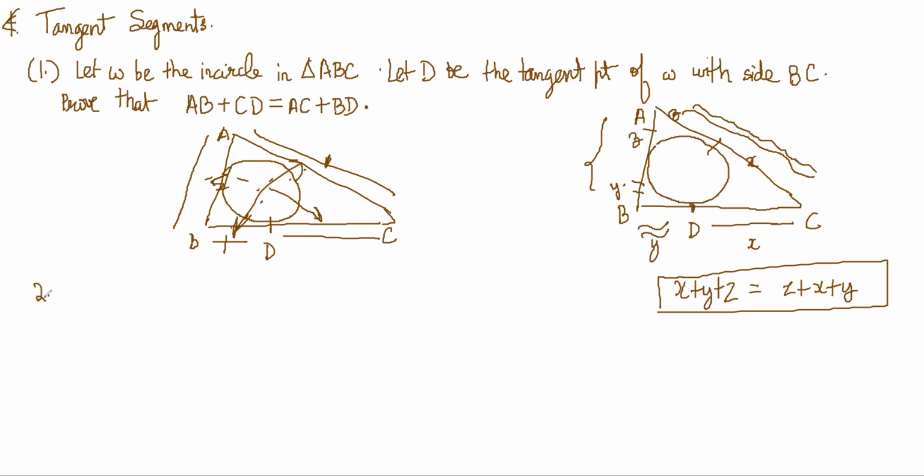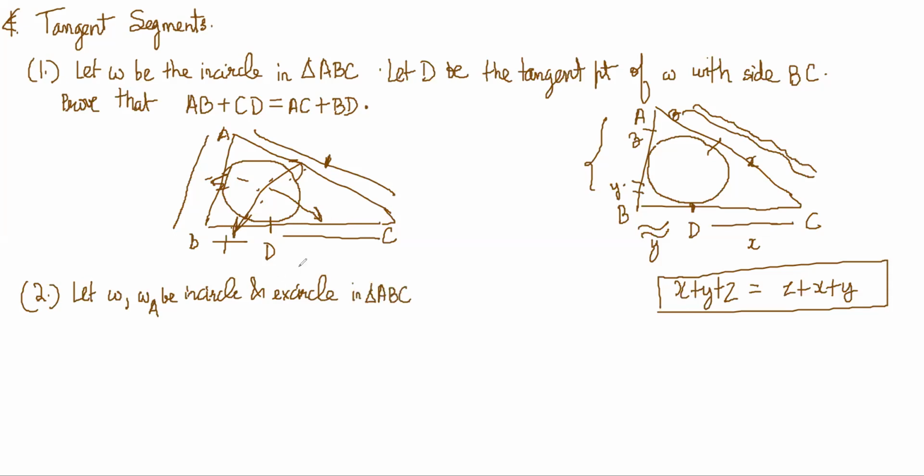You know, 10th standard properties are enough. Second one is, we have already discussed this, but I'll just write it because it is important to know. Let W and WA be the incircle and the A-excircle in triangle ABC.